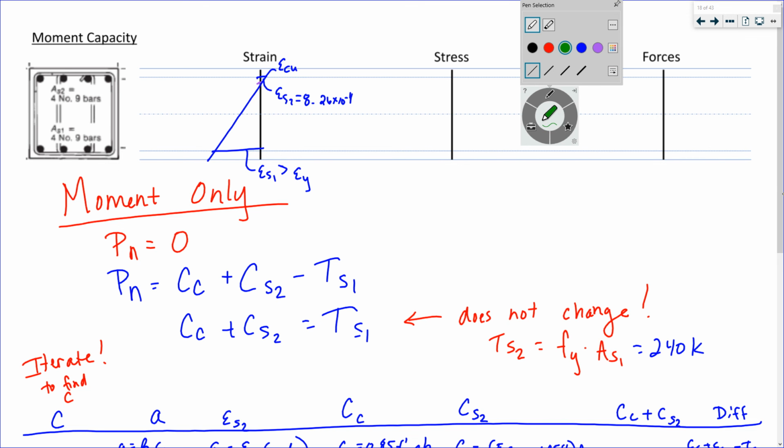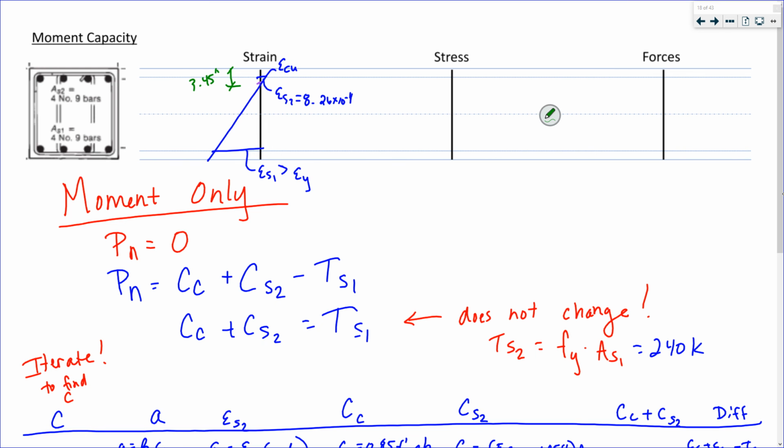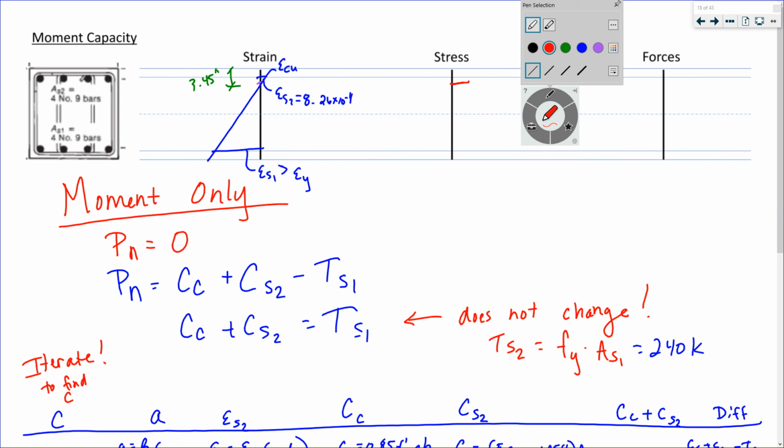Let's see, my C right here is a generous 3.45 inches. This gives me a stress of, let's see, 2.93. It's just past that.